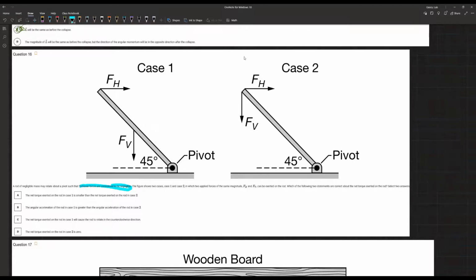Select two answer choices. Oh shoot, this is a multiple correct. I gave you the choose only one.